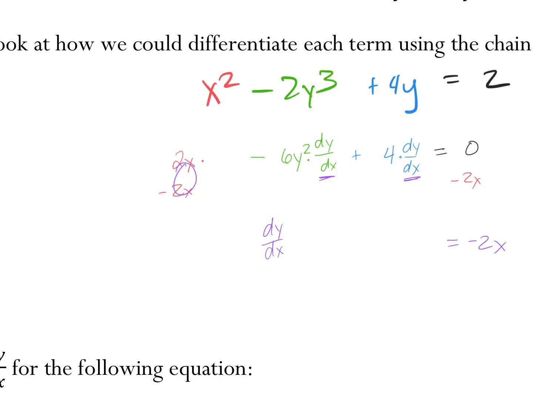So I'm going to factor out that dy dx, and I would be left with negative 6y squared plus 4. You're going to get all the dy dx's on one side and factor out dy dx, and everything else on the other side. And the minute I do this, I can divide. So now I've got dy dx equals negative 2x over negative 6y squared plus 4. Hopefully this is making some sense.